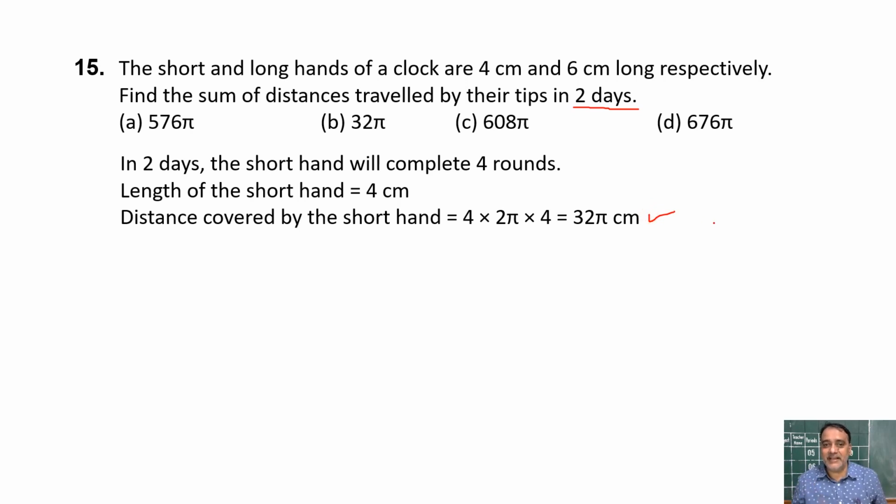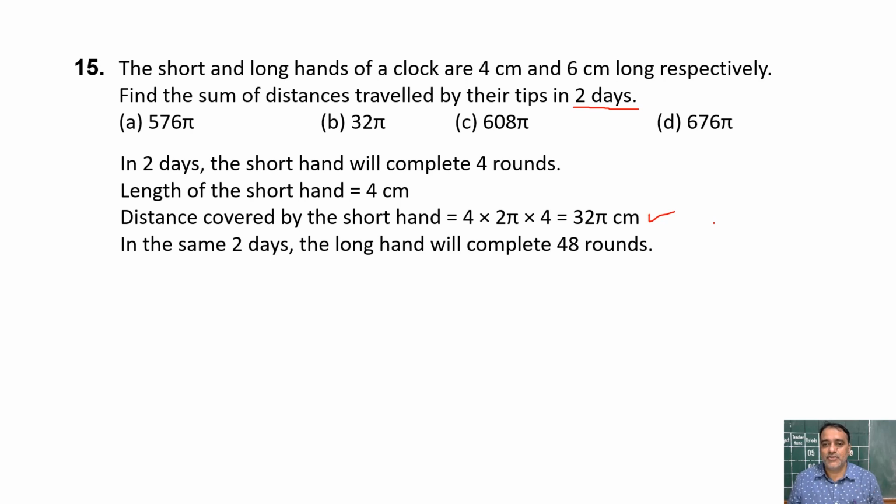Now in 2 days, long hand will complete how many rounds? पहले तो एक दिन में कितना complete कर रहा है? 24. Very good. So 2 days it will complete how many rounds? 48. Very good. So that means 48 times circumference, and the length of long hand is given 6 centimeter.